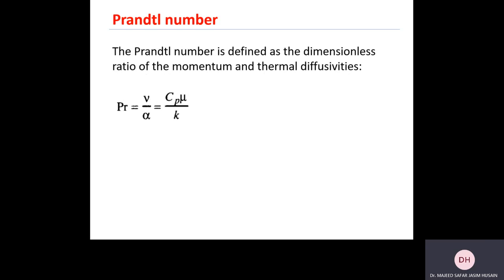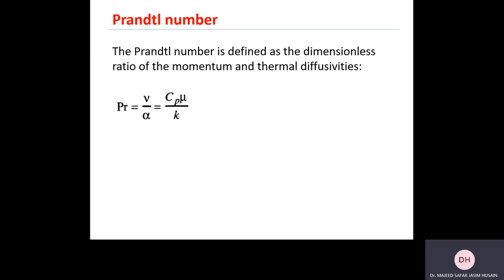The Prandtl number is defined as a dimensionless ratio of momentum and thermal diffusivity. The momentum diffusivity was basically viscosity divided by the density, if you remember, and the thermal diffusivity was K divided by Cp rho.